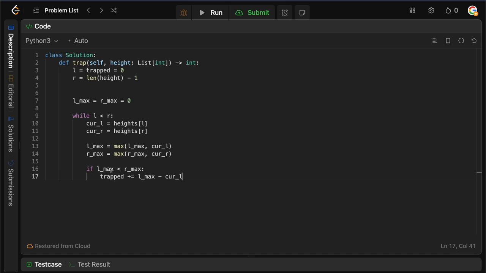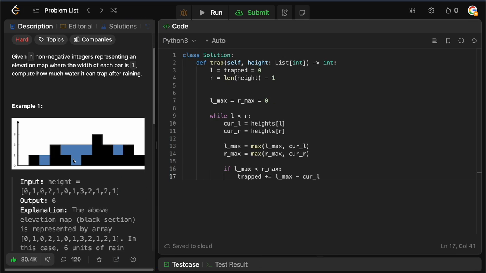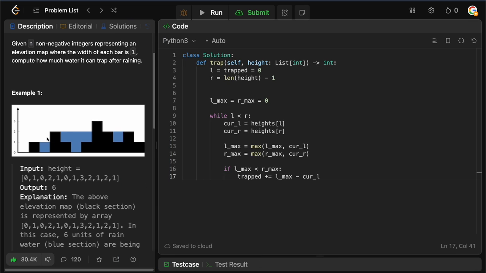So this is the case where our left maximum is smaller, so that determines how much we can trap. So if we kind of look back to our example, because they all kind of equal, basically it's the case here where we just do the left maximum minus the current one. So the current left in this case, in this block, would be 1.